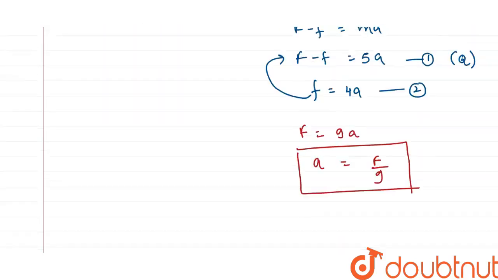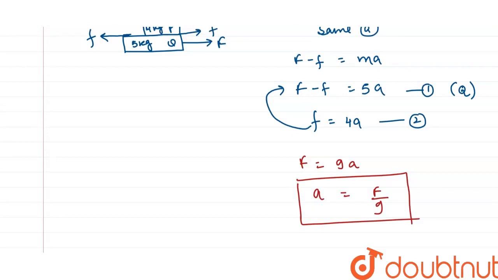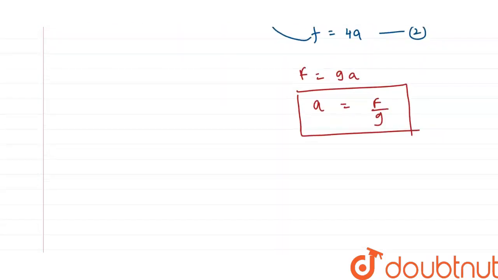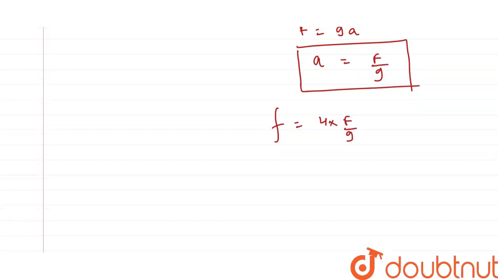Now I'm going to put the value of A in the second equation. So from the second equation the friction force f comes out to be 4 into A, that is 4 into F by 9. If I want to slide P on Q, the value of f maximum equals 4F by 9, and the value of F is given in the question.